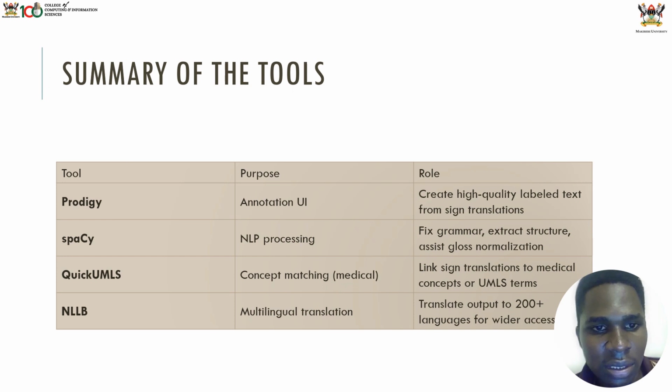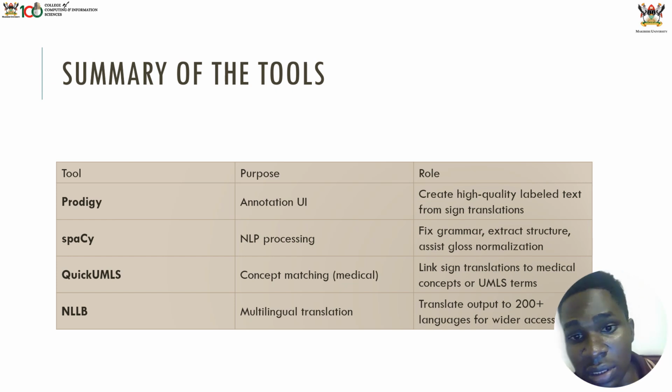Prodigy is an annotation UI tool, which will help us to create high quality labeled text from sign language. And then spaCy is a natural language processing tool which fixes grammar and extracts structure.